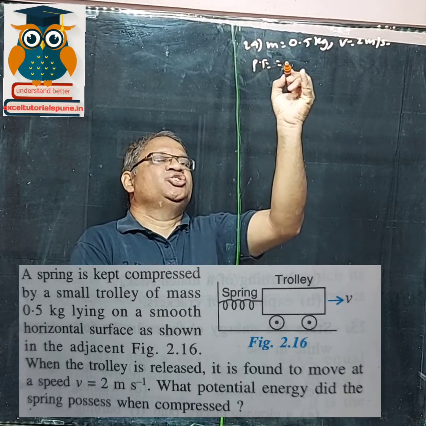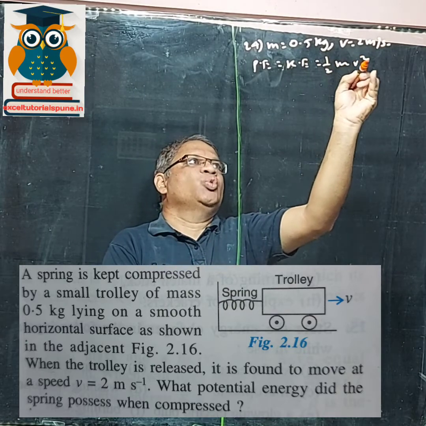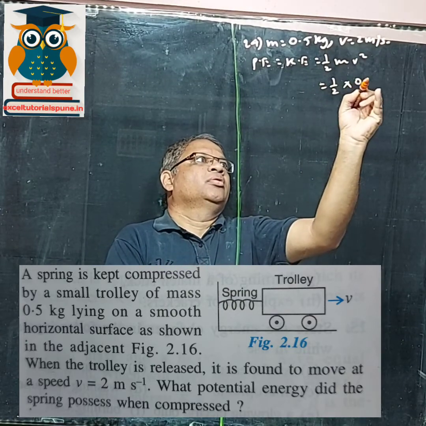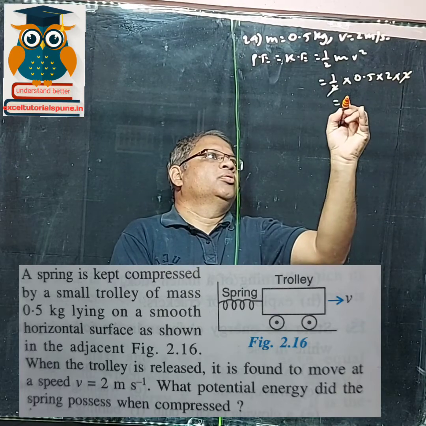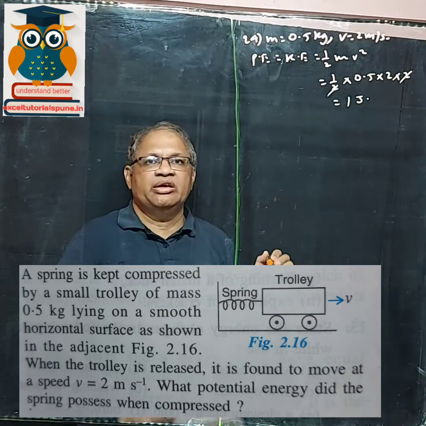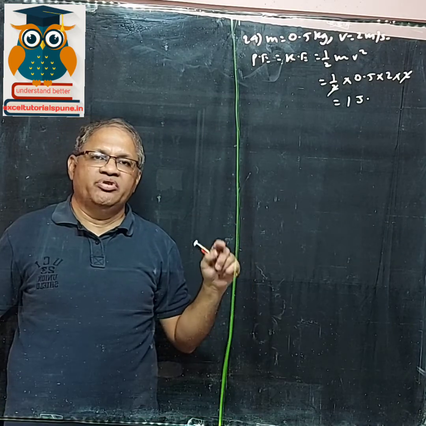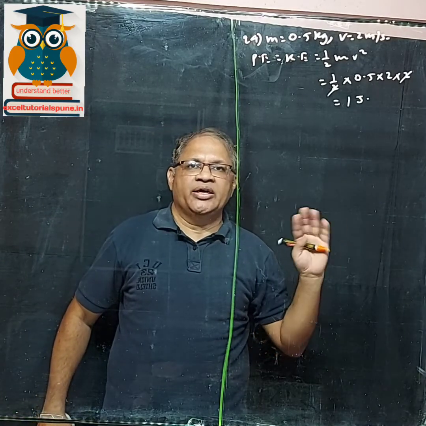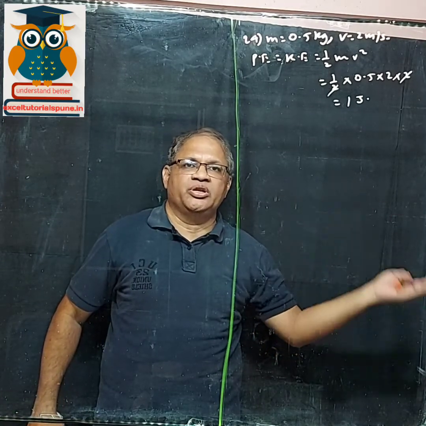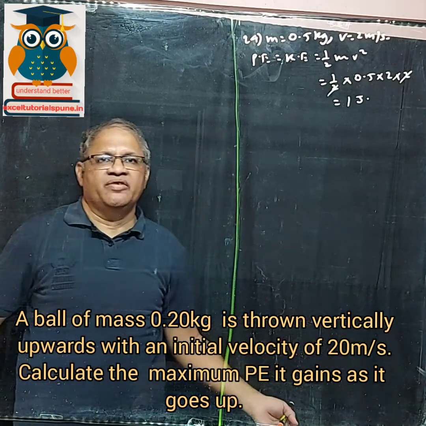So for potential energy, we can use the kinetic energy formula, half mv square, one joules. Because if potential energy they ask and they have not given height and they have given velocity, then you can use half mv square. Vice versa also. Like for example, if they are asking for potential energy and velocity is given, then half mv square is used.